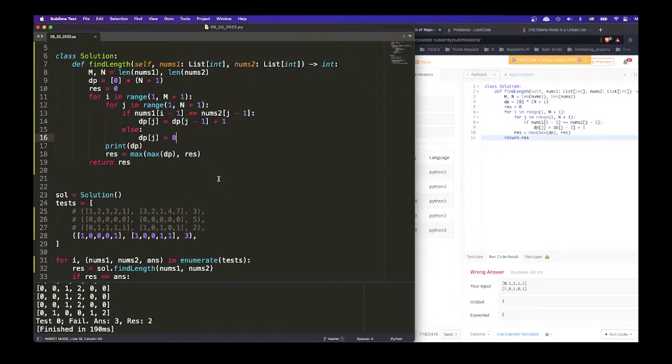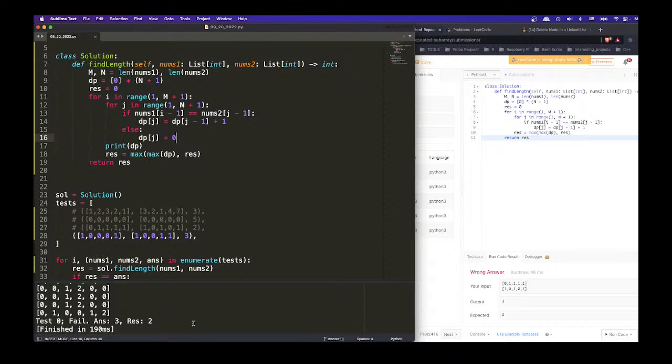No. dpj 0 is not right. Huh? Hold on. If the two are not the same, right? I is this, and j will just go.